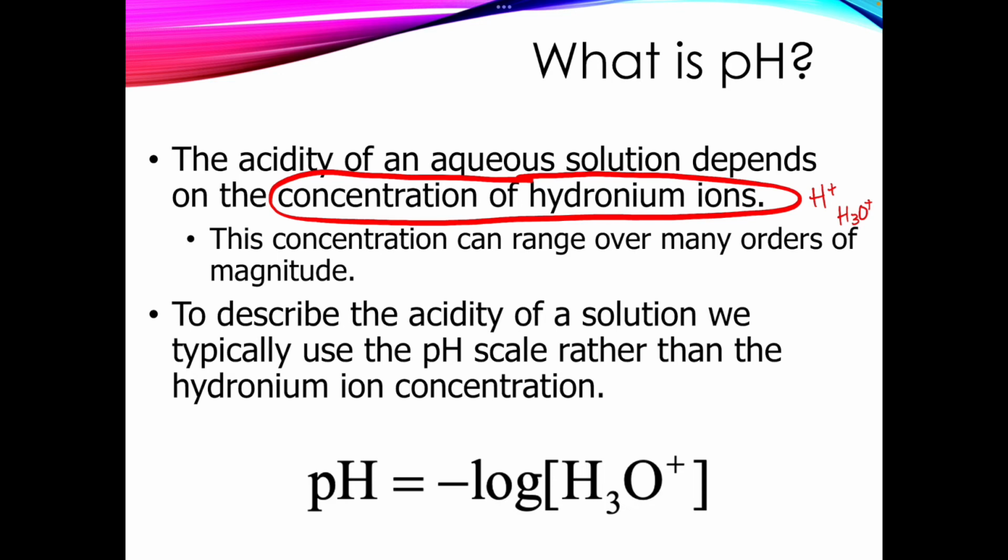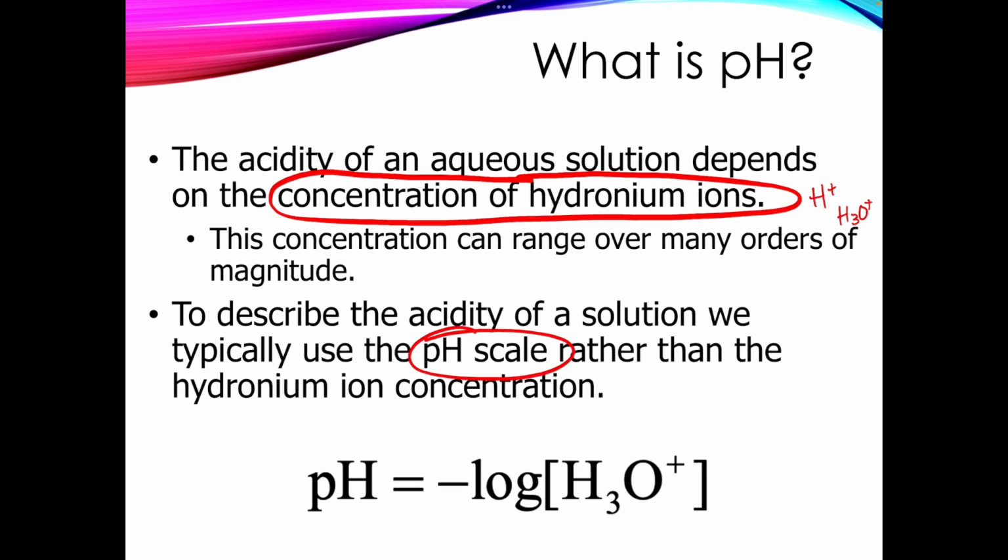So we could just use the concentration of H3O plus to tell us how acidic something is. More H3O plus, more acidic. Less H3O plus, less acidic. And we could do that, but this concentration has a huge range. Big orders of magnitude, we have to use scientific notation, and it's a bit cumbersome to work with. So instead, we will describe the acidity of our solution using the pH scale.